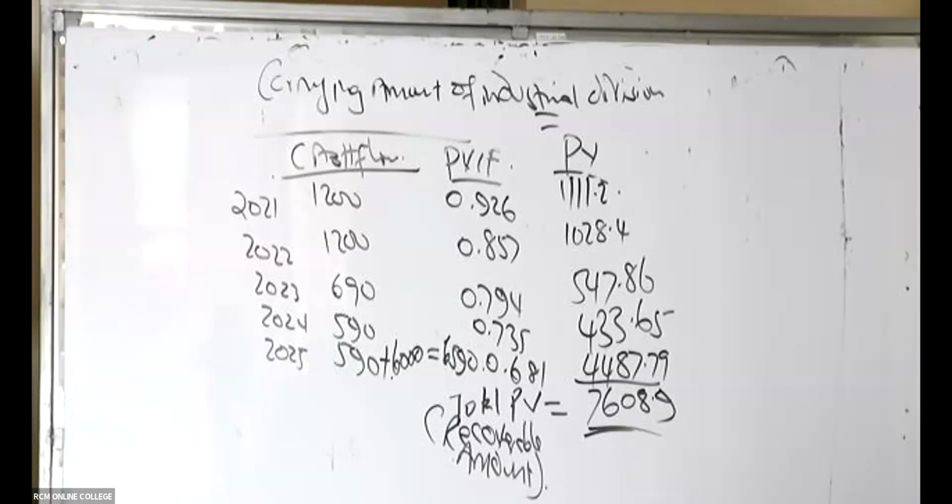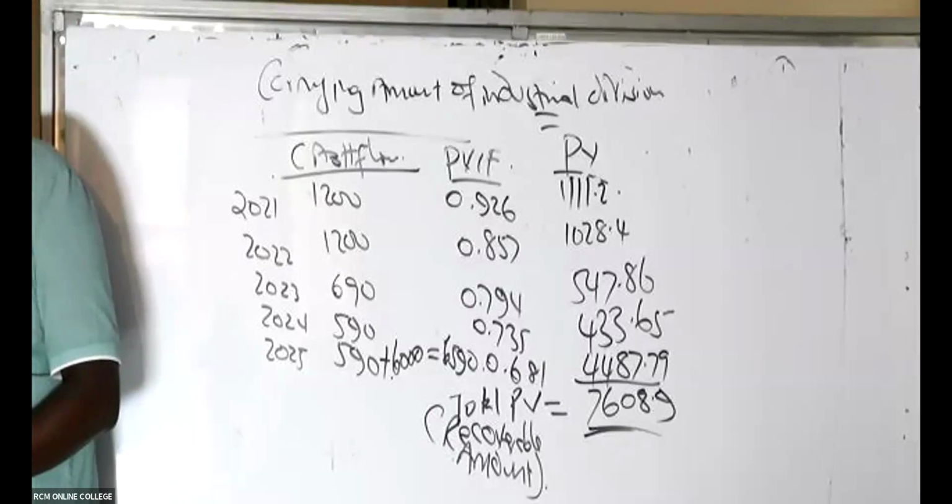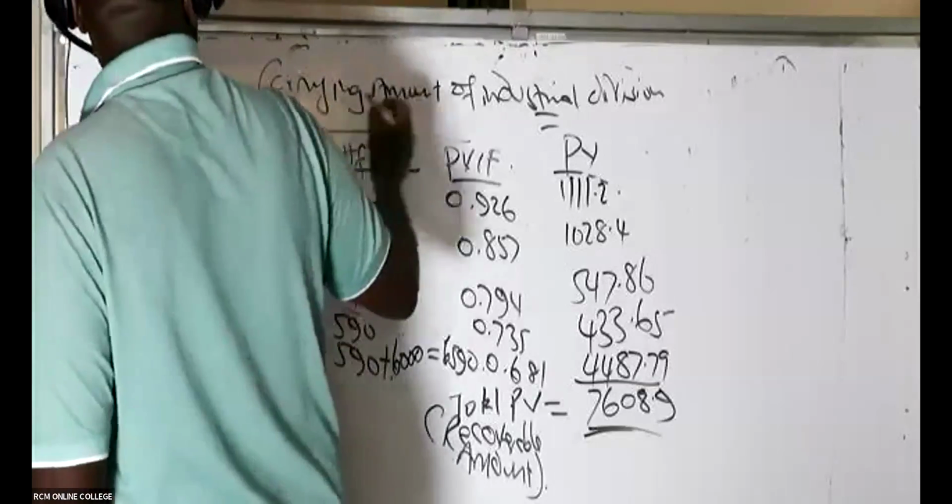Dorothy has got it, imagine. It's supposed to be 13,870 plus 8,000.